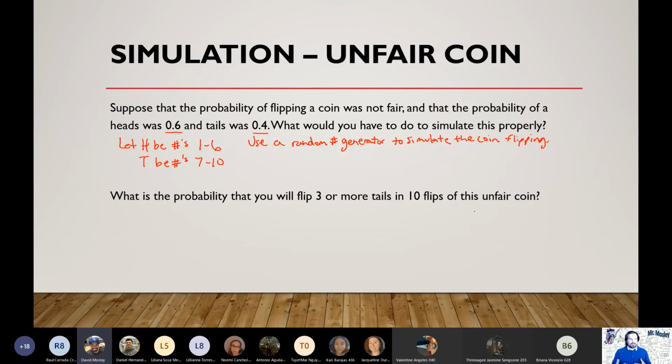So we'll use that random number generator from 1 to 10 to simulate that coin. If we get a 1, 2, 3, 4, 5, or 6, that means it was a heads. If I get 7, 8, 9, 10, then I get tails. All right? So then the question is, what is the probability you will flip 3 or more tails in 10 flips of this unfair coin?